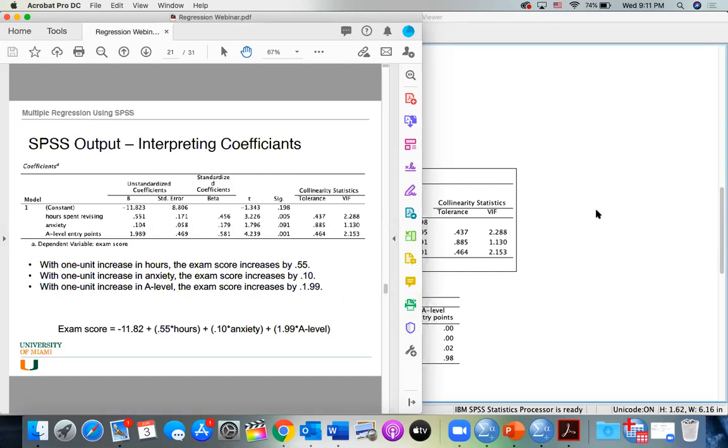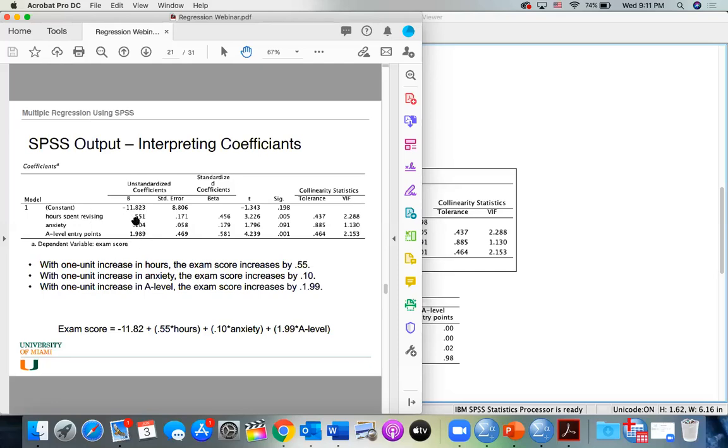So the constant means, is the constant minus 11? No, this is actually the intercept. So if you want to write the prediction equation, it will be the intercept value, plus the coefficient of the hours spent revising times the value of hours spent revising.